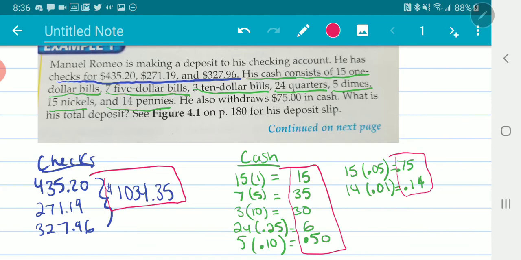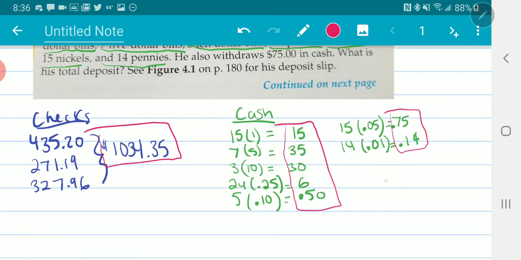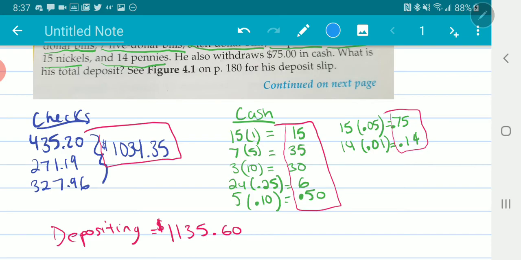So that would mean my deposit total. When I add all that up, I'm depositing a total of $1,135.60. Okay, but we're not done there. The last little piece says that I'm withdrawing $75 in cash.